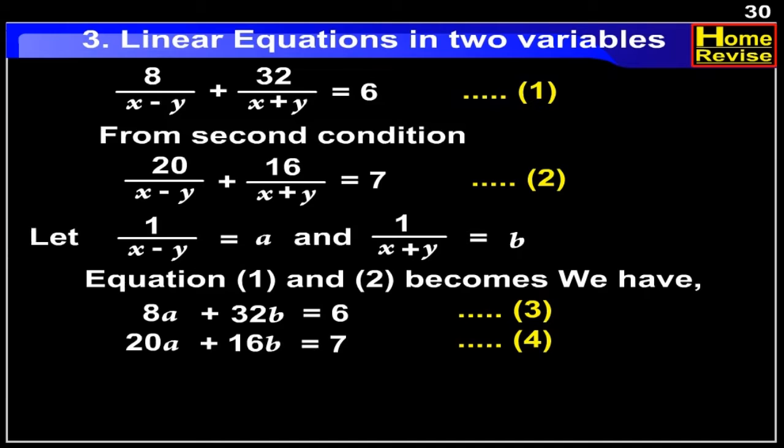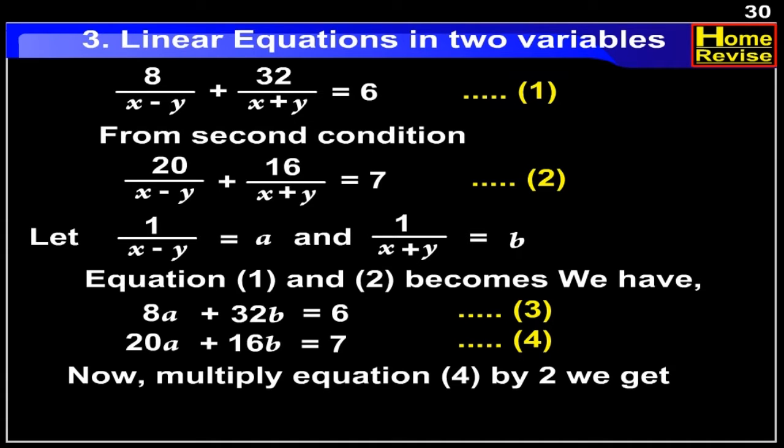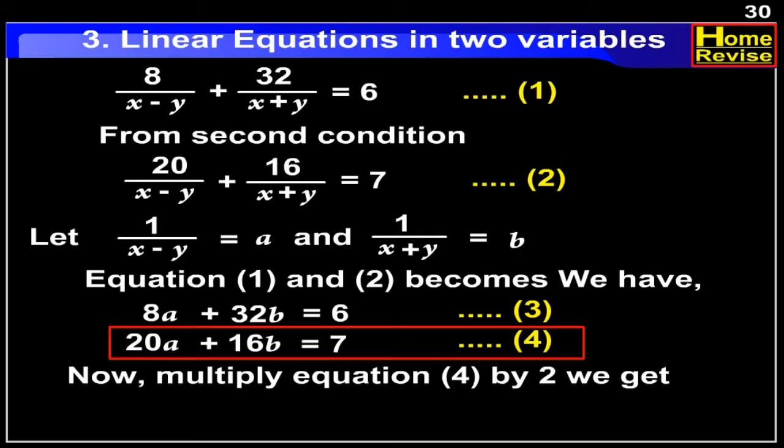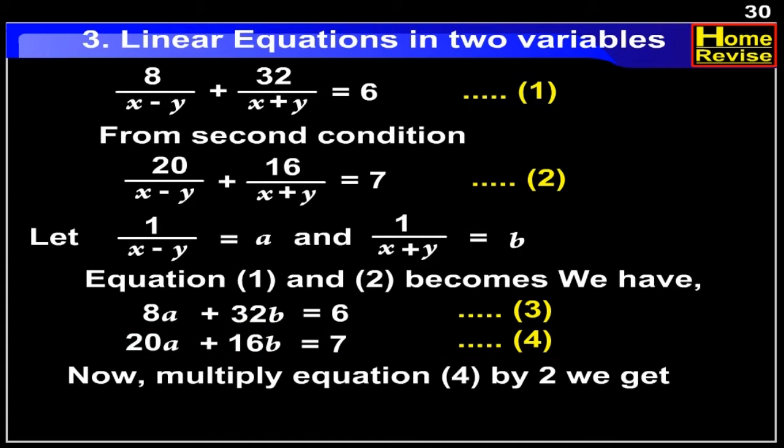Equation number 4. Now multiplying equation 4 by 2, we get 40a plus 32b is equal to 14. Let this be equation number 5.